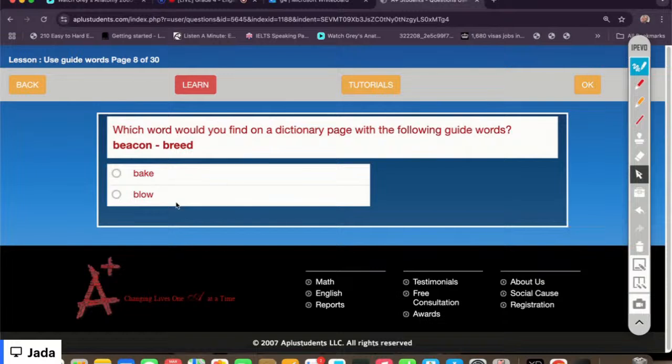Okay, so can we find bake or blow in between bacon and bread? So which of these can we find in between these guide words?